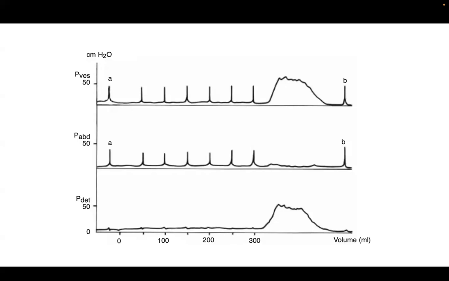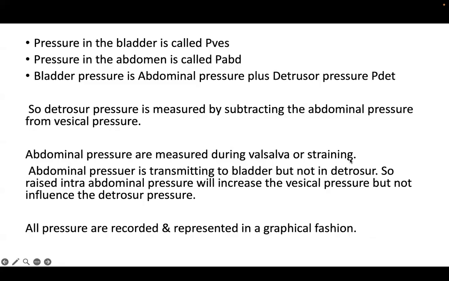Am I clear? In this graph, we can see rise of abdominal pressure associated with rise of vesical pressure and no rise of detrusor pressure, and there is no leak. So this is a normal urodynamic test, normal cystometry. We already told all these things.